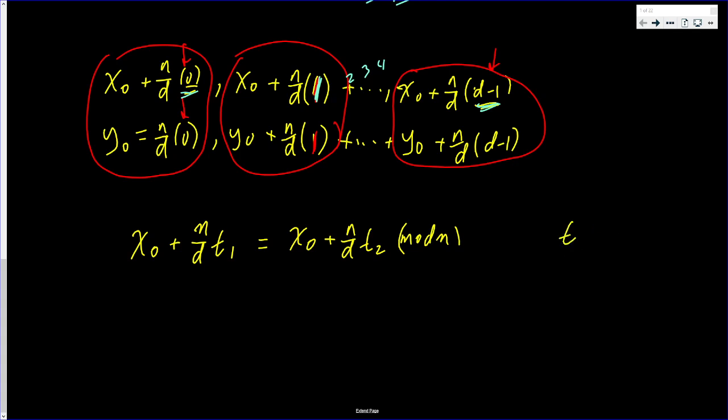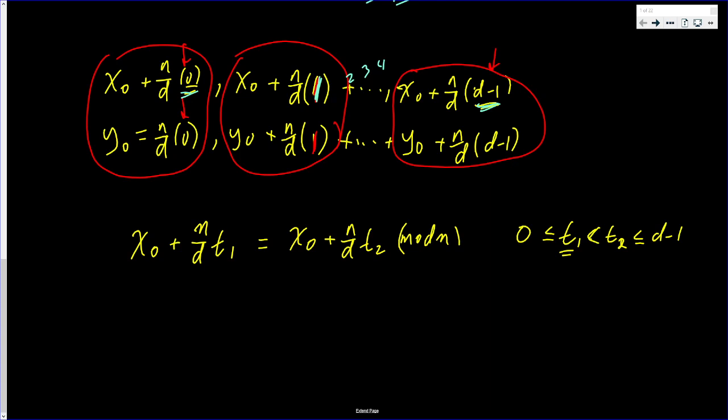So t1 is less than t2, and they're all between 0 and d minus 1. T2 can't be 0 because the smallest t1 can be is 0 and t2 is bigger.